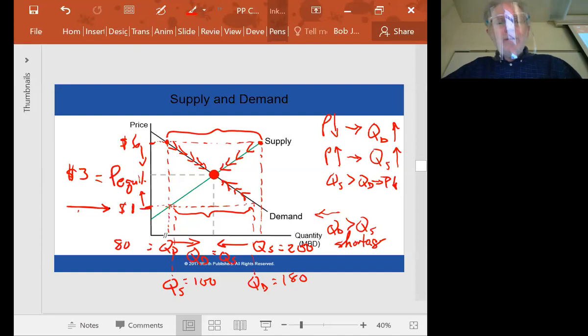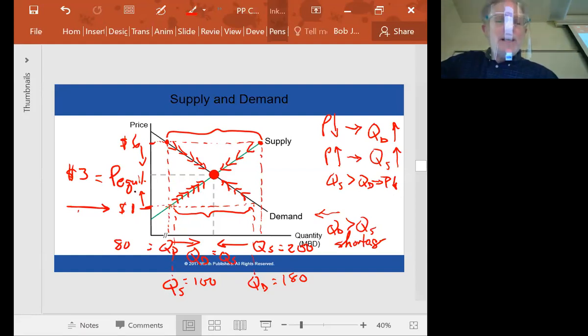So if we start out where the price is below equilibrium, price is going to automatically go up. Consumers cut back and they start buying less. Likewise, producers have an incentive to produce more. So they start to increase the quantity they supply, and that distance here, which was the amount of shortage, as the price goes up, quantity supplied and the quantity demanded are getting closer and closer together.